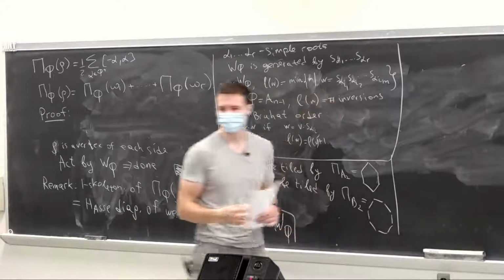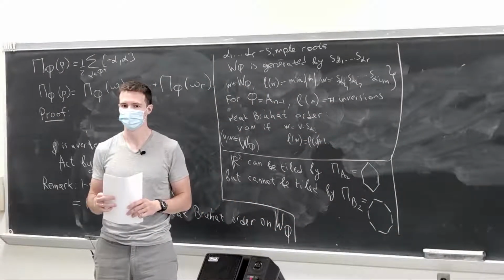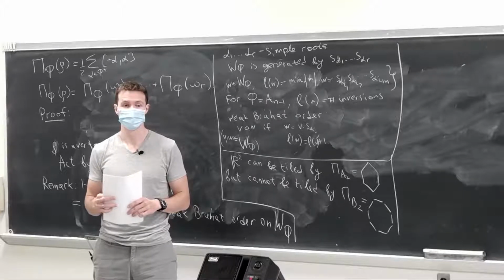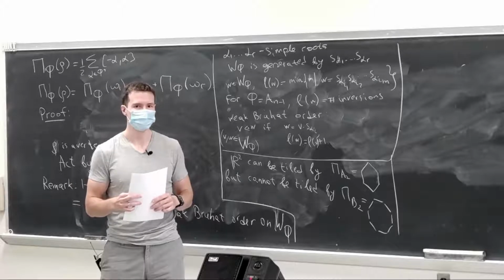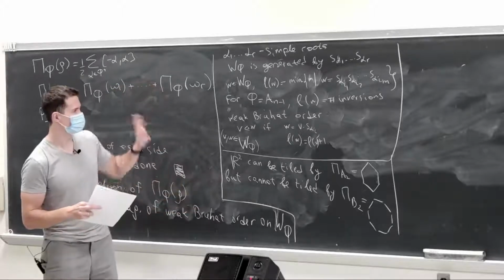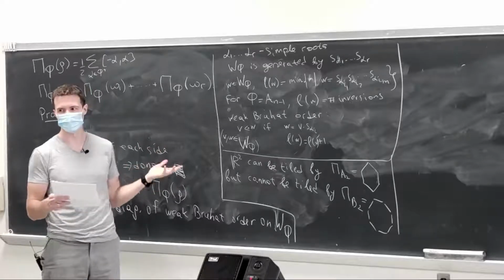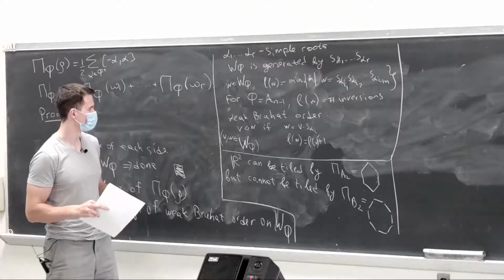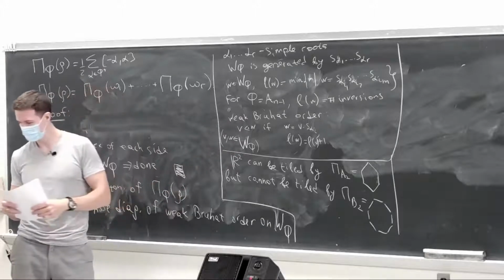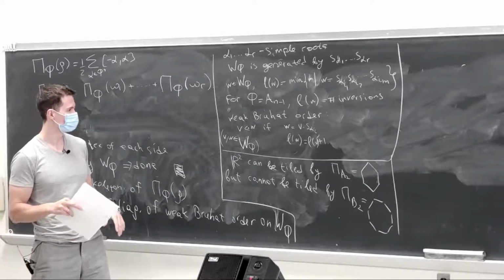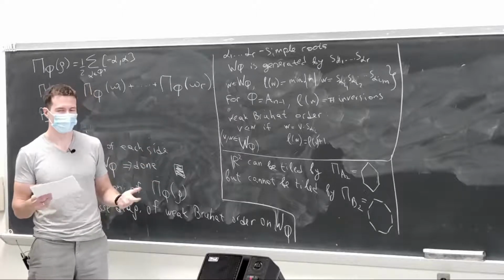Any questions so far? No questions. All right, so in general, in this class I'm going to tell you a whole bunch of nice statements about different things in type A, and you're welcome to try to find generalizations for arbitrary root systems or ask me about them.